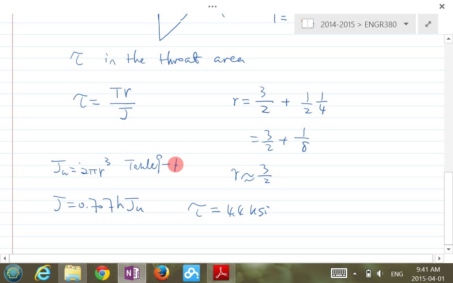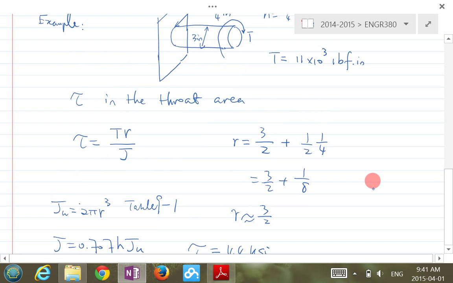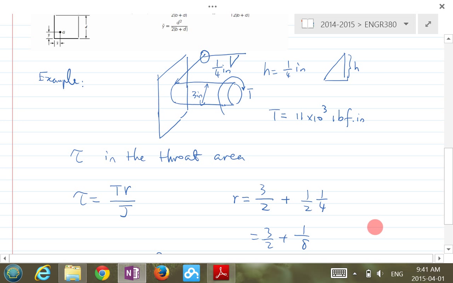Why do you use half of a quarter if it's all the way around the bar? The weld is at this location, right? You can imagine that triangle applied to the end of the bar here.